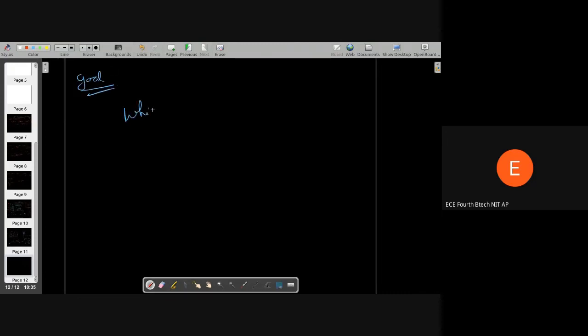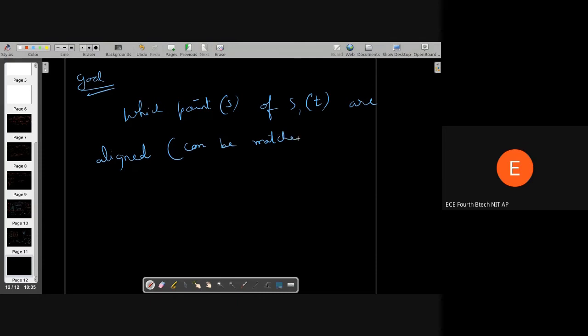Which point or points of S1t are aligned or can be matched with which points of S2t.